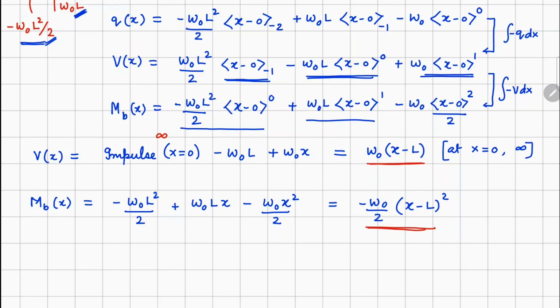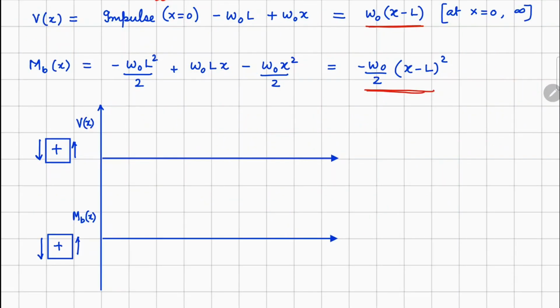So let me just draw an axis. So now this is an axis with the convention that we are following. So if I have to plot the shear force, this is a straight line which I can evaluate at 2 points, x equals 0 and x equals L. At x equals 0 we get a value which is minus W naught L, and at x equals L we get a value which is 0.